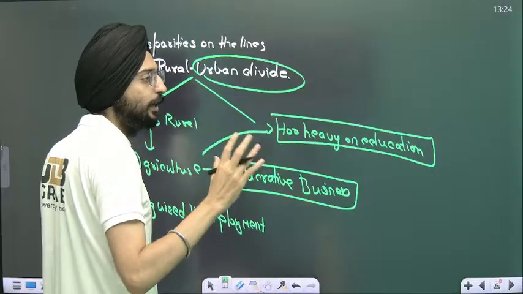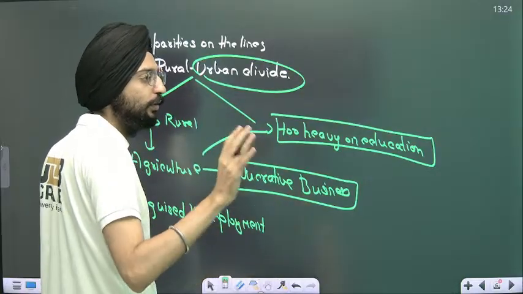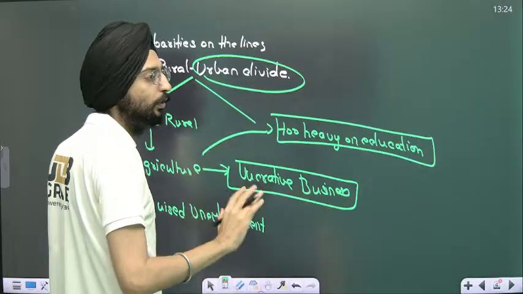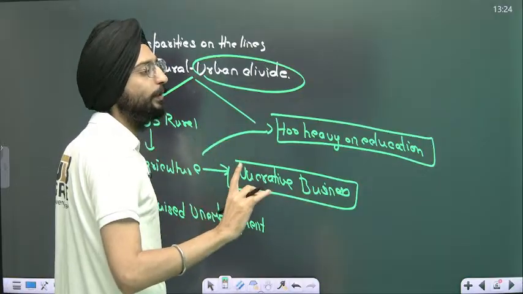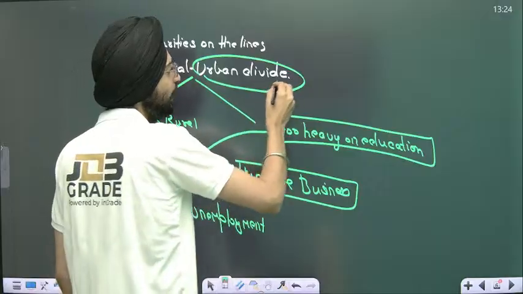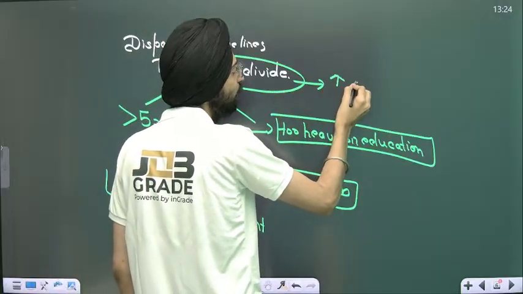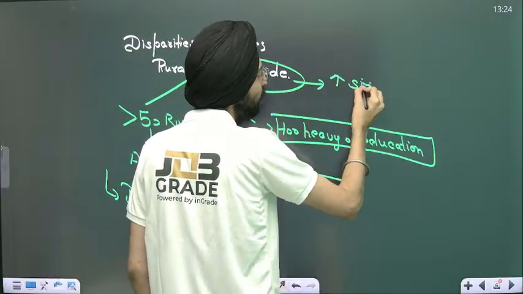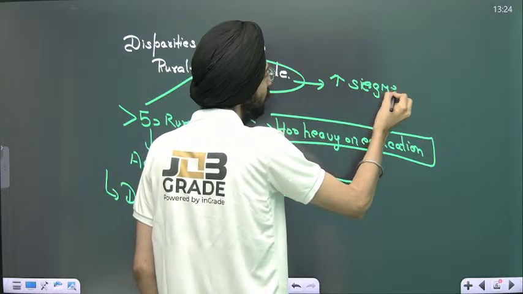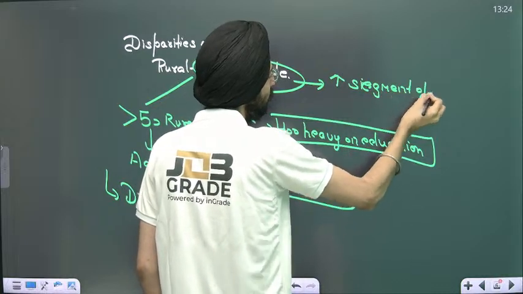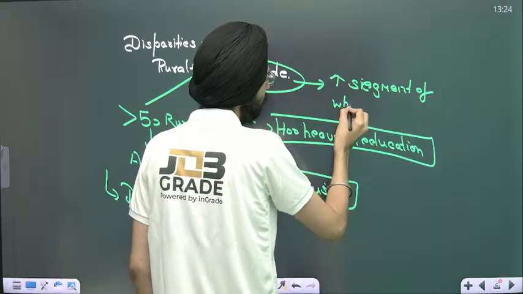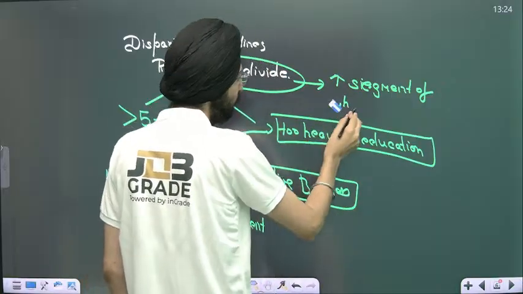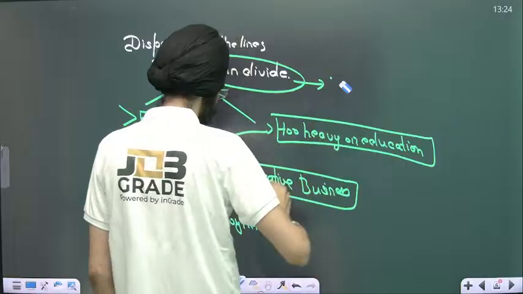You can even list that there is a lot of urban poverty as well. Absolutely fine, that's completely agreed upon. But you have to consider one thing, that there is a higher segment of white collar workers.